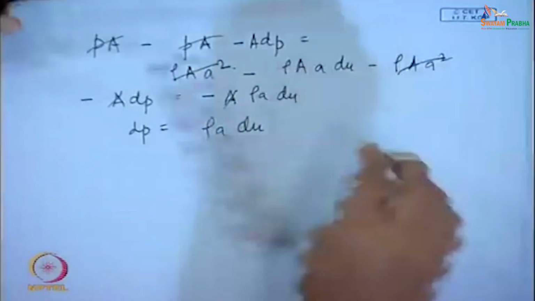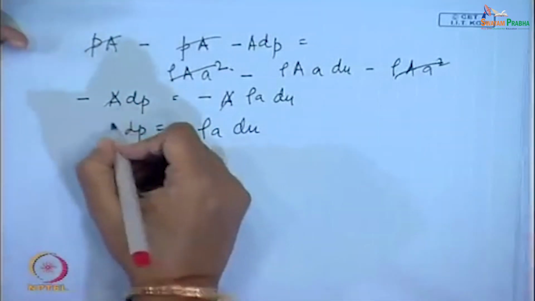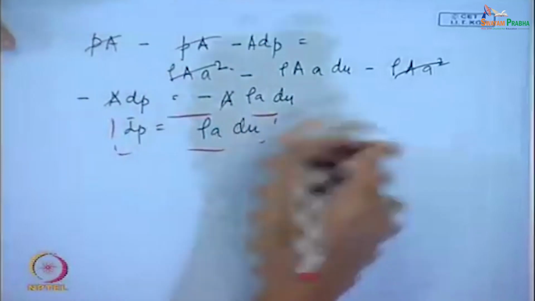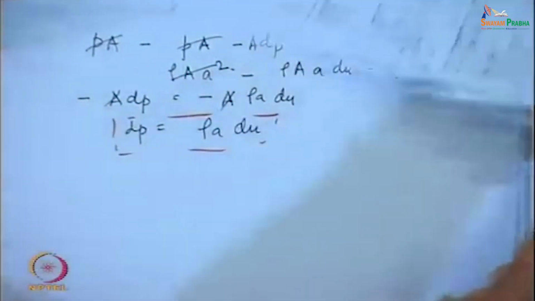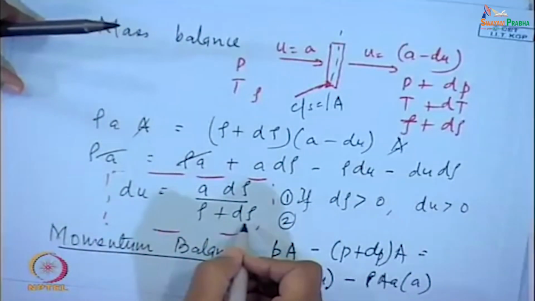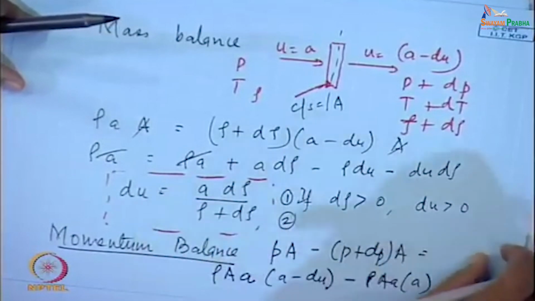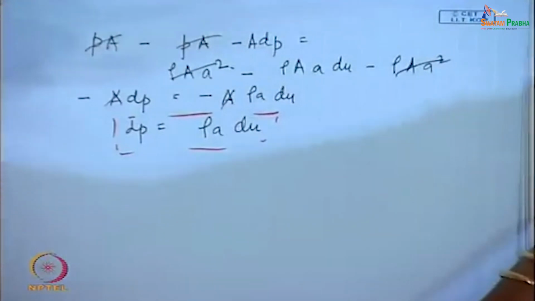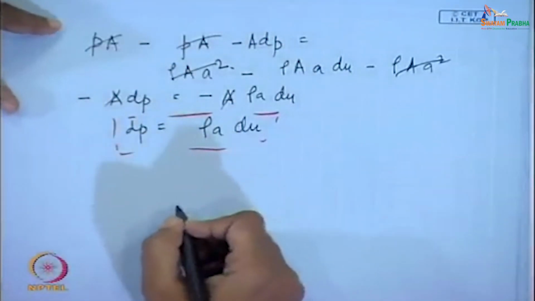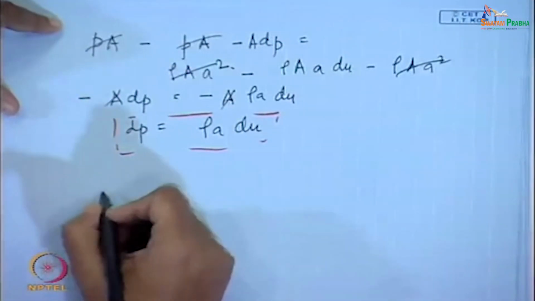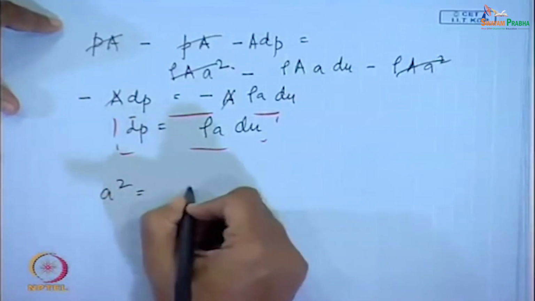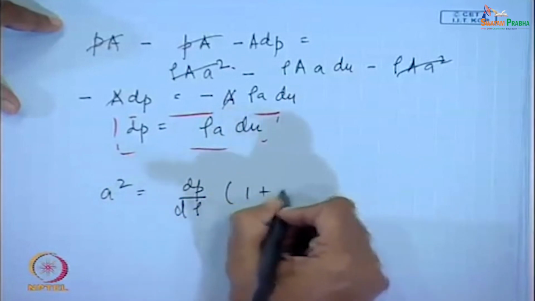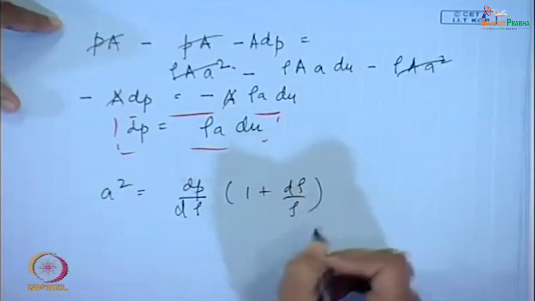This is the thing that we get, and for the expression of du we can substitute du from the earlier expression, isn't it? So, on substituting, what do we get? We get that a squared equals dP by d rho into (1 plus d rho by rho). Okay.